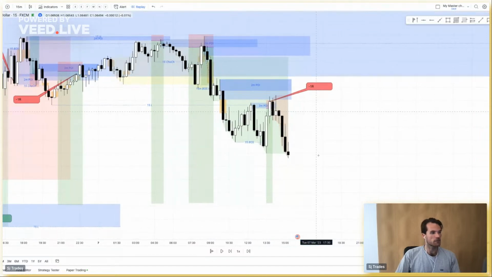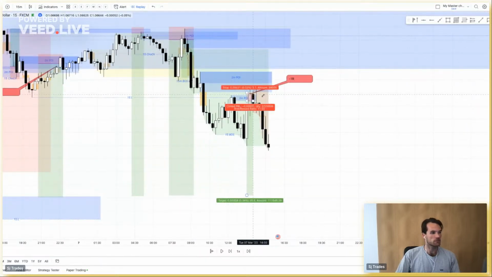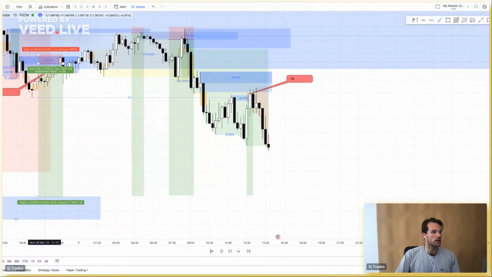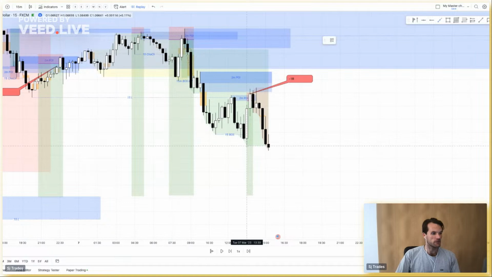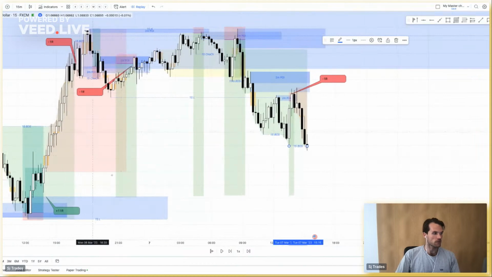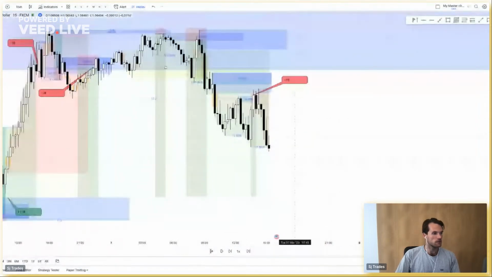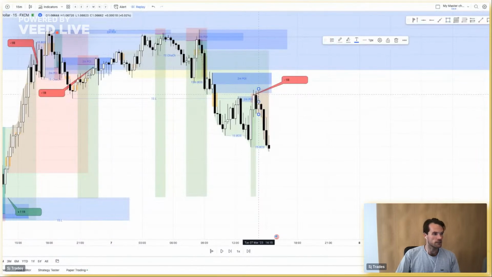Okay, let's keep going. So nice, it's pretty much like, I'd say, a liquidity grab, and we've broken structure again. Still in the downtrend. I guess like, yeah, what have we got? 15.